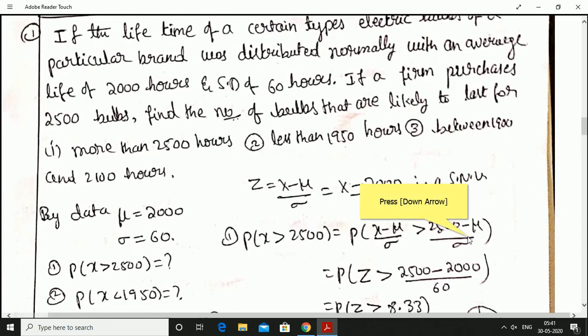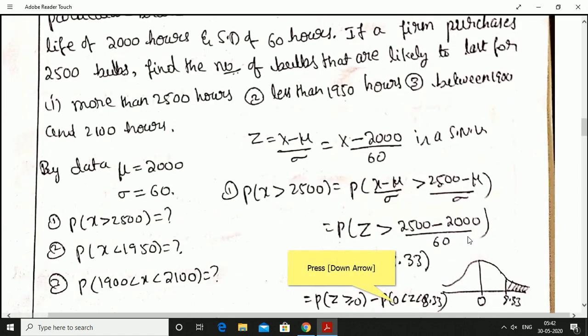First required probability is to find the number of bulbs that are likely to last for more than 2500 hours. Mean is equal to 2000, sigma is equal to 60. Probability of x greater than 2500 is equal to probability of (x minus mu) by sigma greater than (2500 minus mu) divided by sigma.